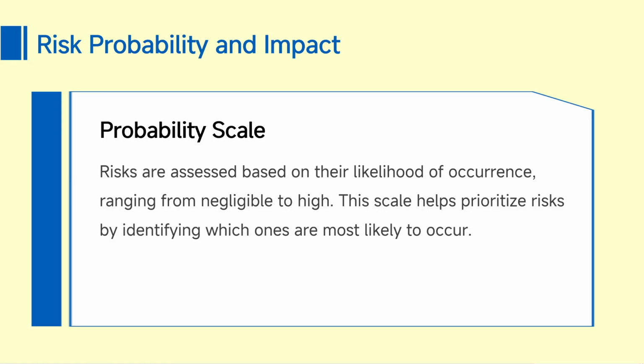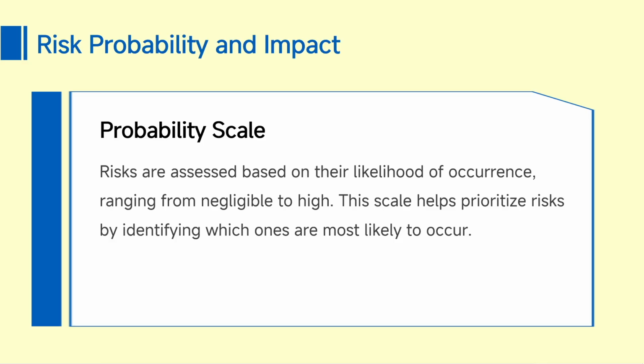The second one is risk assessment, where we will go with respect to the risk probability identification and impact assessment. So, the probability, as I said, it is going to be the likelihood of occurrence. So, how much frequently the risk is going to happen in the software life cycle. So, this is ranging from negligible to high.